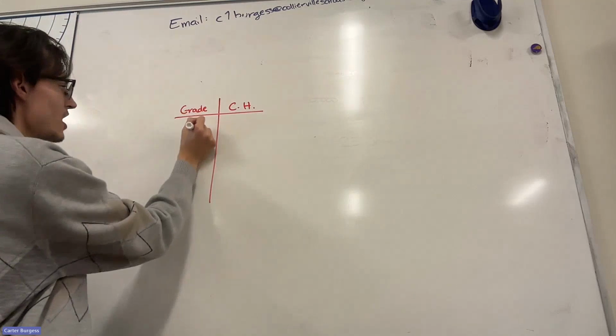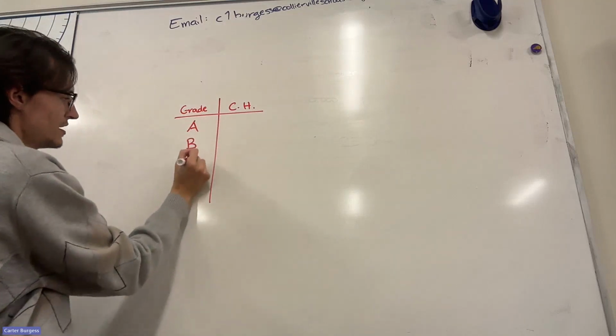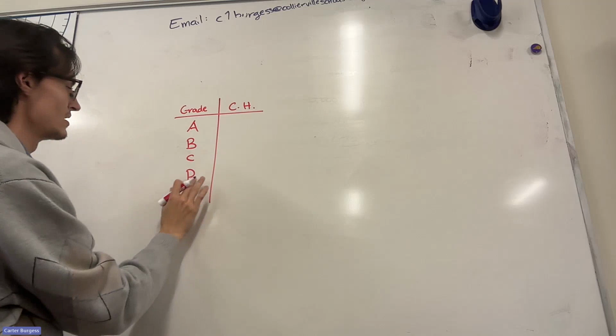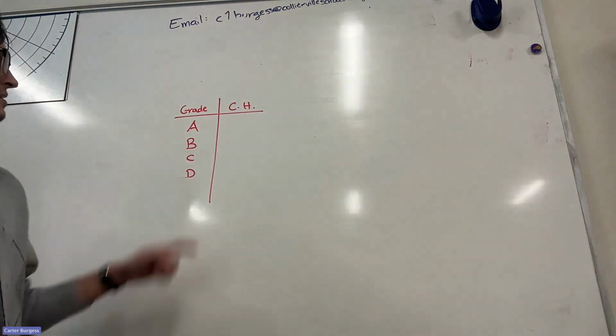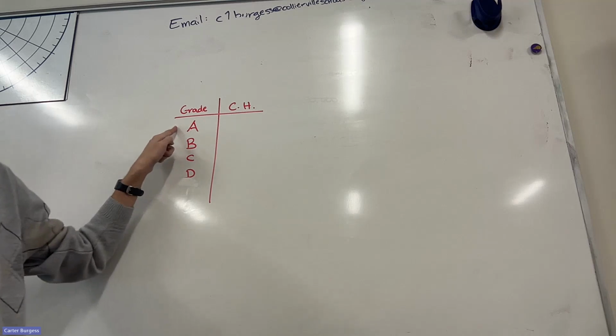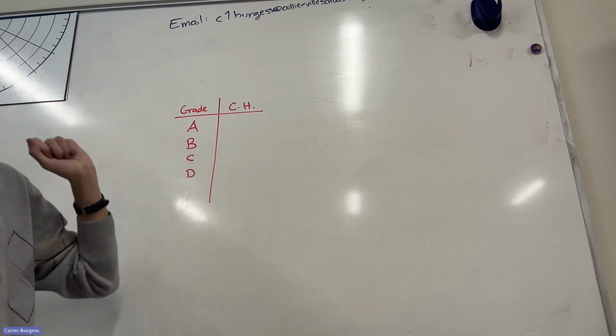All right, so we saw 3 different grades. I'm sure we could talk about D's as well, but there weren't any, so we don't really need to worry about that. So how many credit hours did we see going to A's?